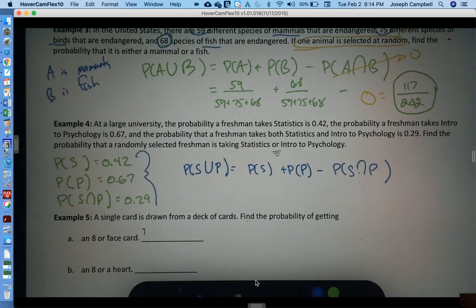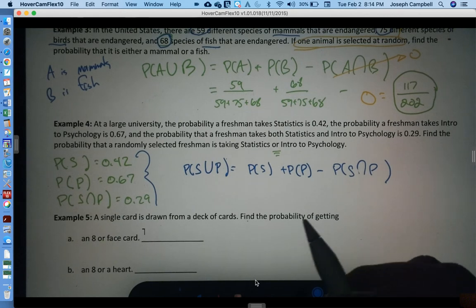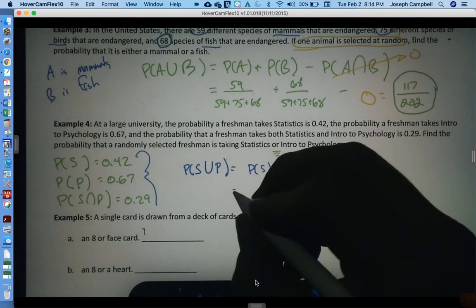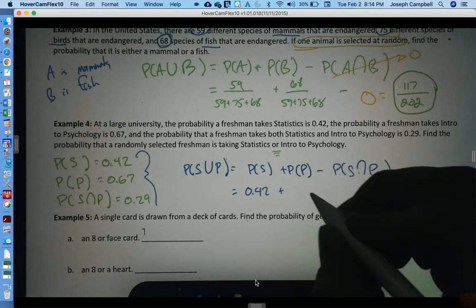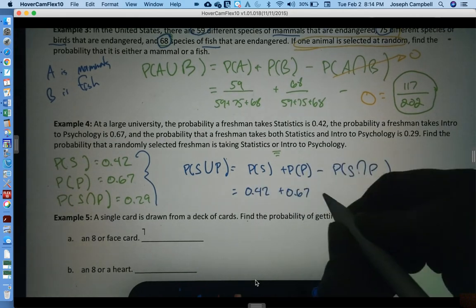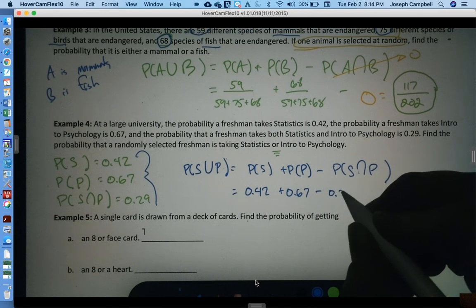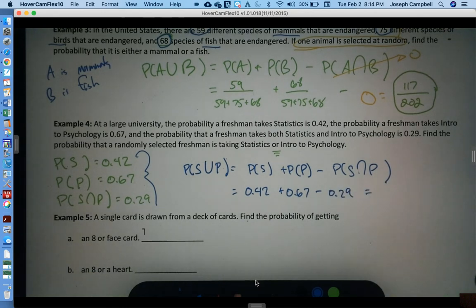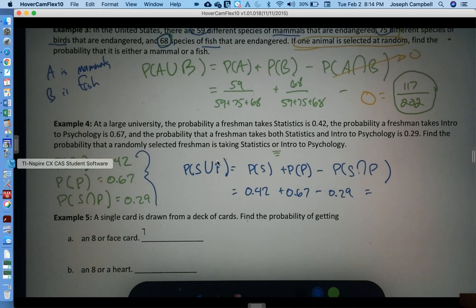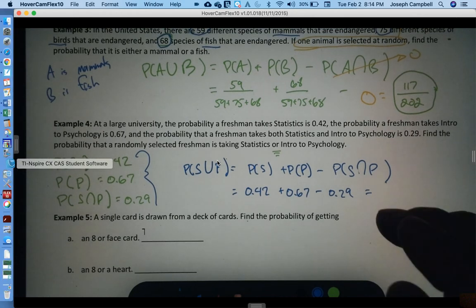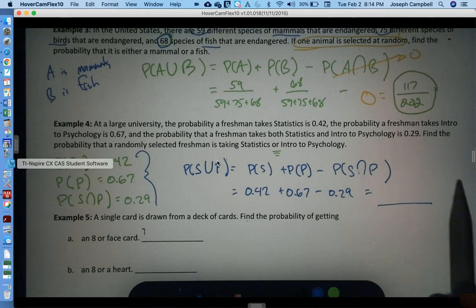We'll do some practice with Venn diagrams later on. Okay? Let's throw in these numbers. That's 0.42, 0.67, and 0.29. So that's just going to be some easy arithmetic there for us. Let's see what that gives. It's going to take five minutes for this thing to load, but I need it anyway. So whenever that thing loads, we'll get the answer for that.